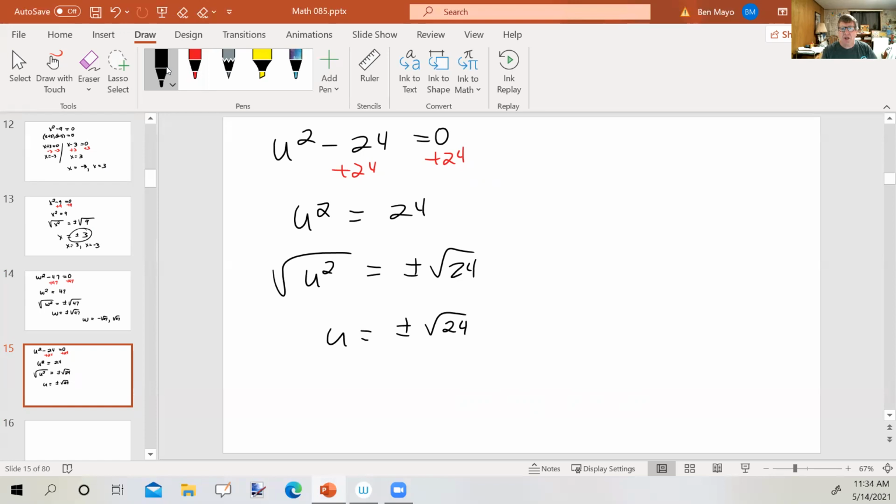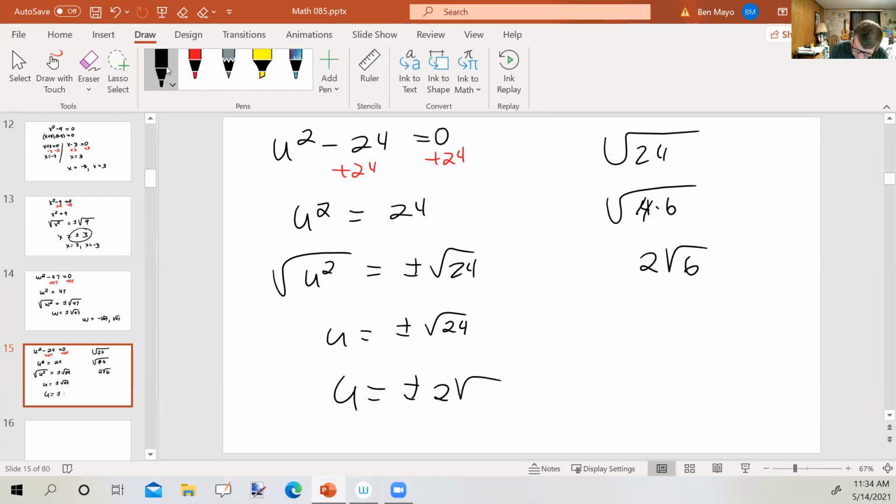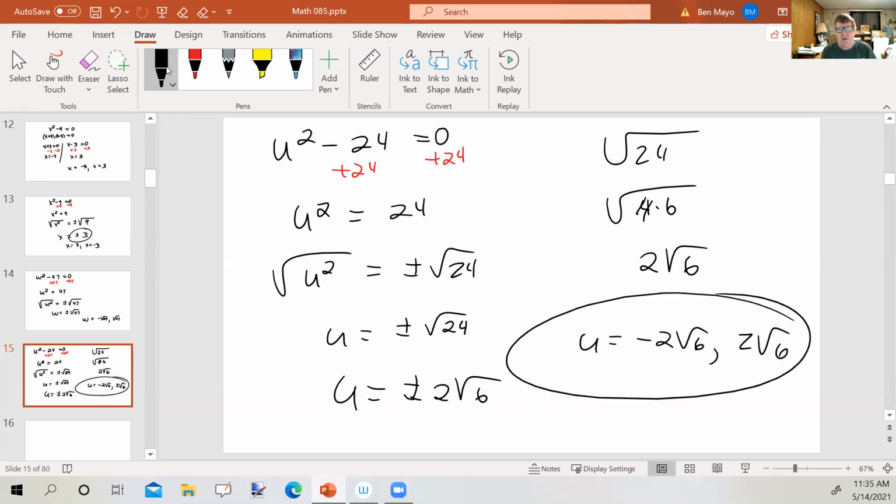However, in the last chapter, we learned how to simplify radicals. So continuing on, they will expect us to do so. So the square root of 24 is the square root of 4 times 6, which is 2 square roots of 6. So u equals plus or minus 2 square roots of 6. So u equals what? Negative 2 square roots of 6, comma, 2 square roots of 6. Those would be the two solutions.